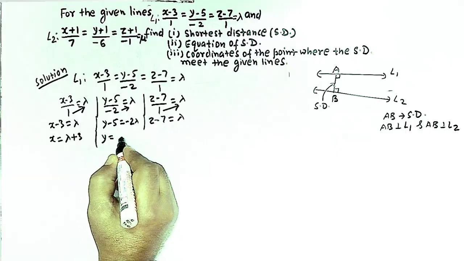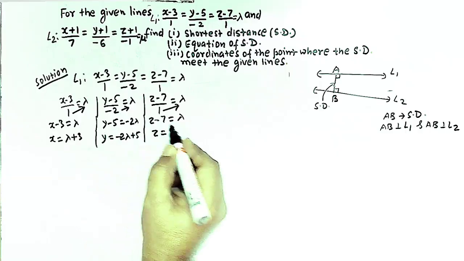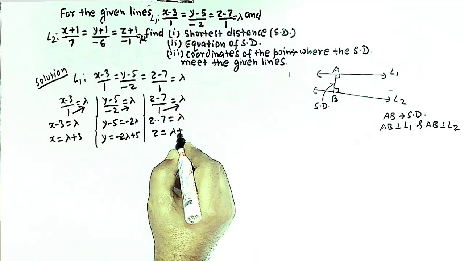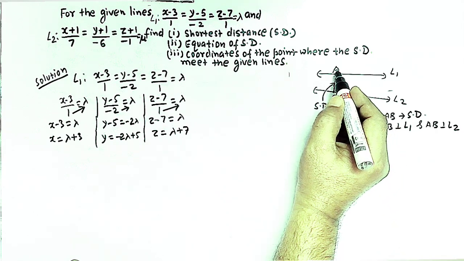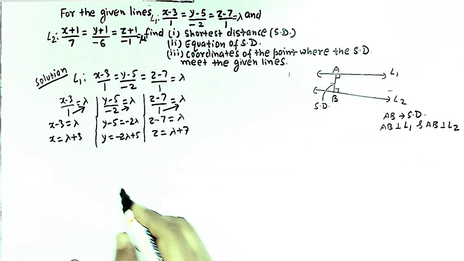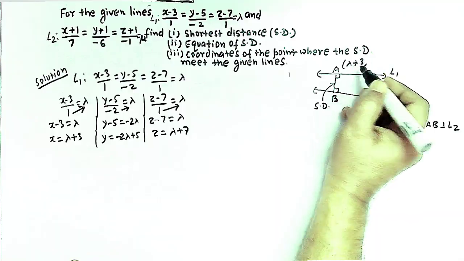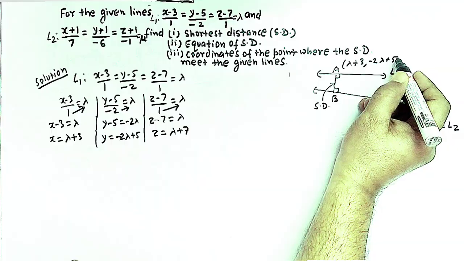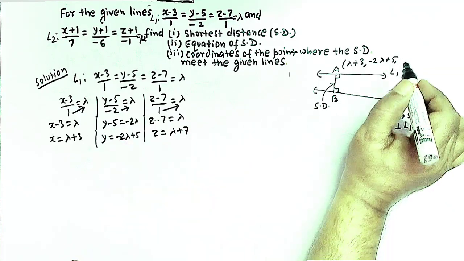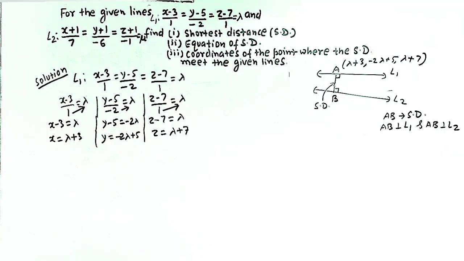From here we have y = -2 lambda + 5, and from here we have z = lambda + 7, right? So for some value of lambda, we have the coordinates of this point A as (lambda + 3, -2 lambda + 5, lambda + 7).